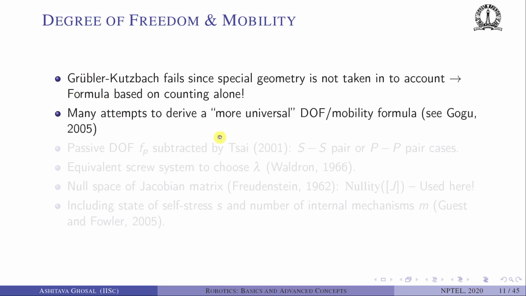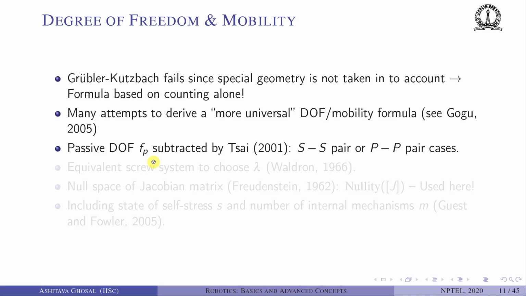Hence, many attempts were made to derive a more universal DOF or mobility formula. You can see this paper by Gogu. A list of such attempts is mentioned in this paper. One well-known attempt is that we can remove the passive degrees of freedom. For example, in the RPPR mechanism, the link between the two prismatic joints is a passive degree of freedom.